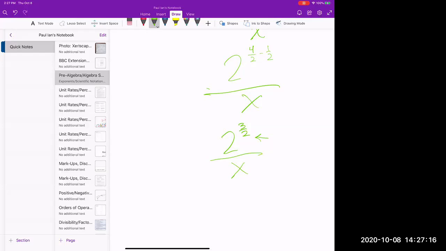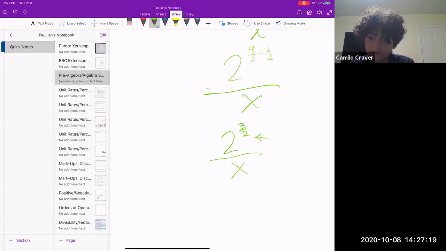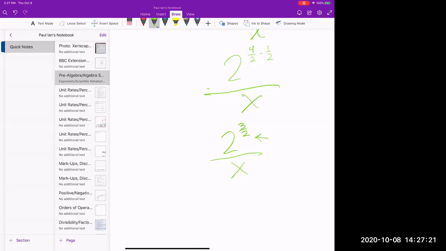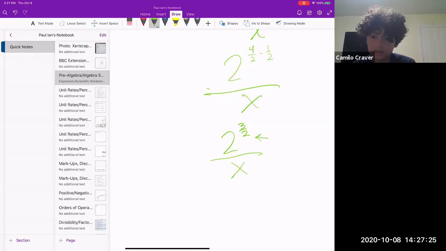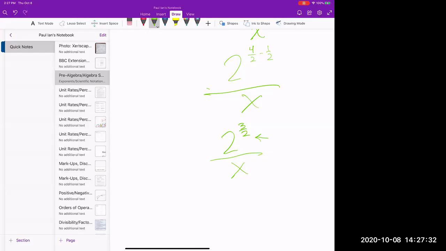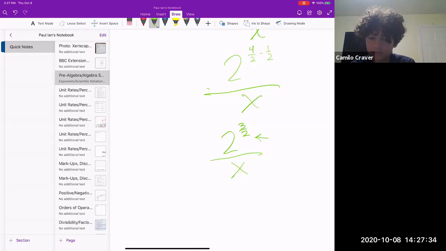Couldn't it be 3 and 1/2? 3 and 1/2. Yeah, 3 as the base number, and then 1/2 as the exponent. 1/2 as the exponent. Yeah. But what about the 3?